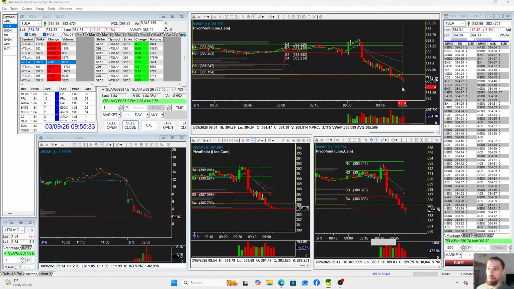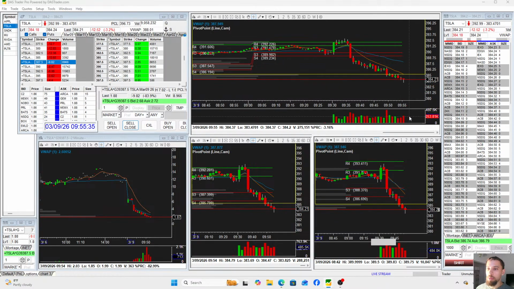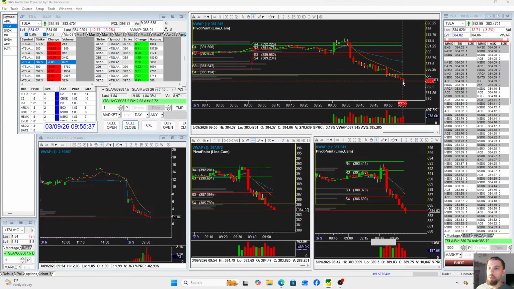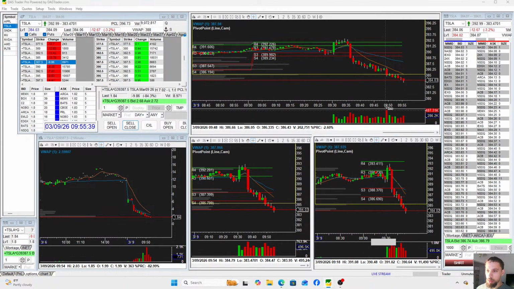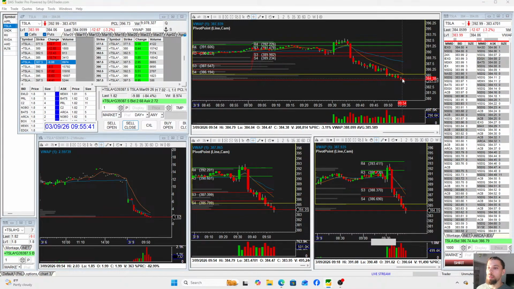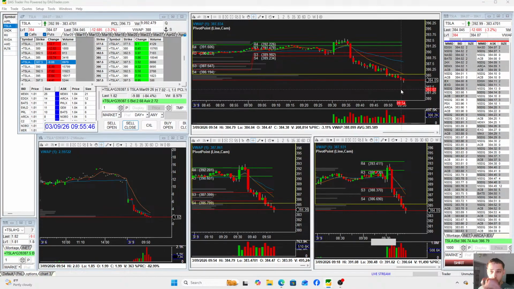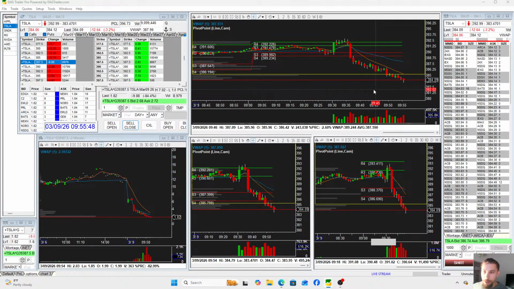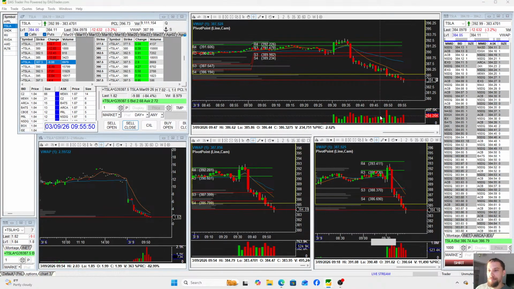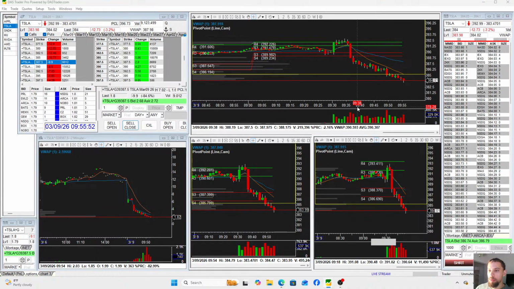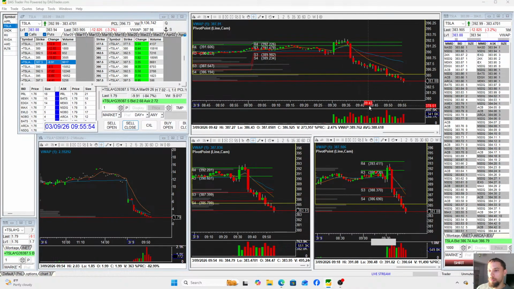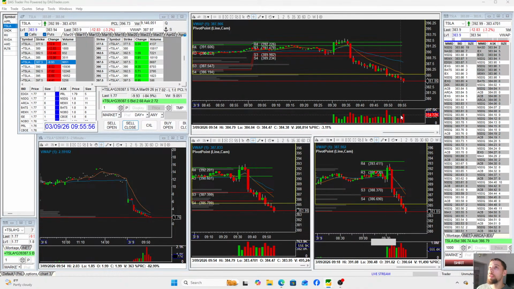So let's see. We can see volume's increasing now. Price is getting bought back up a little bit. So that's the first signal of some buyers stepping in and some shorts taking some profit. A lot of volume, guys.